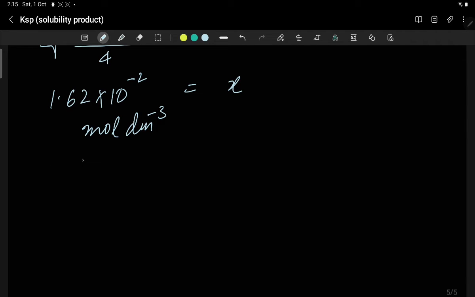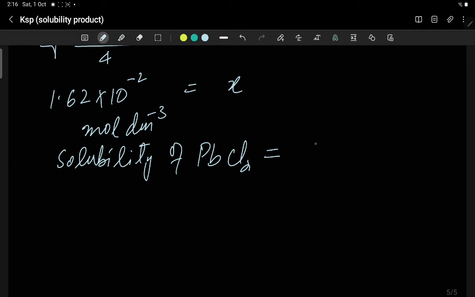Therefore, the solubility of PbCl2 is equal to 1.62 × 10^-2 mole dm inverse cube.